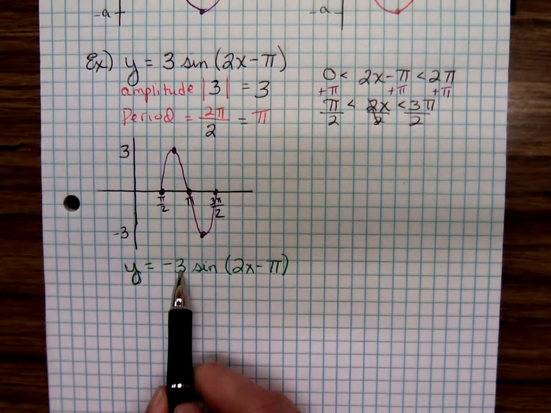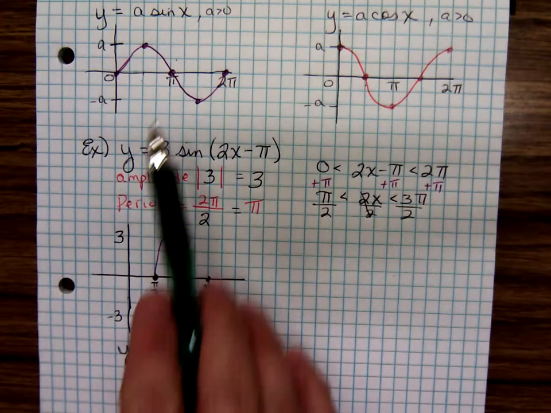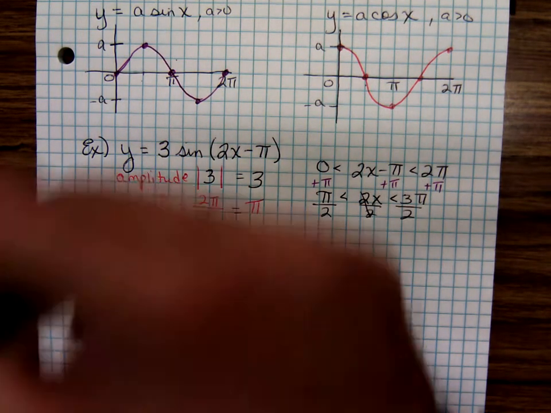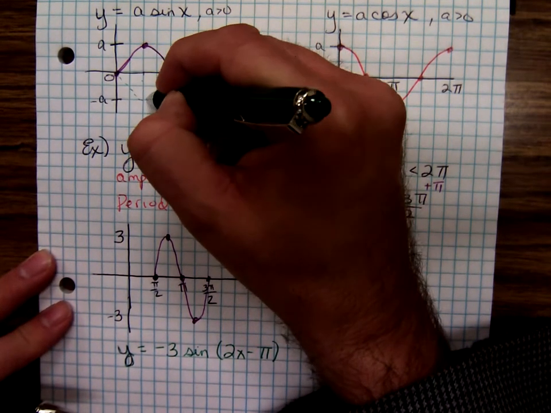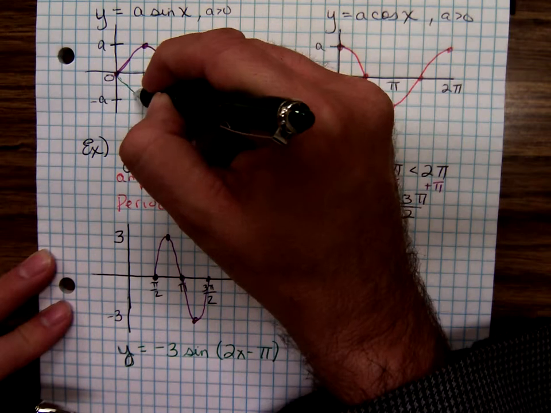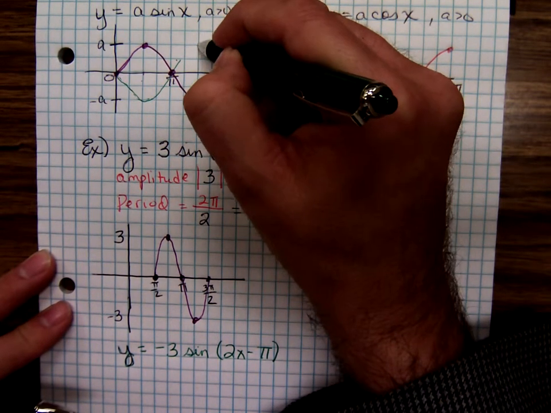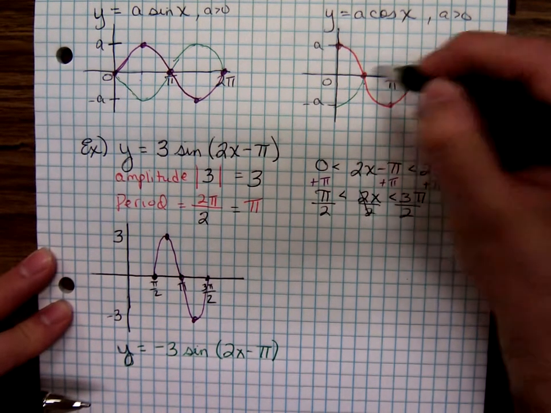Well, if you have this, notice up here, I said A was a positive number. If A weren't a positive number, if it were negative, then the graph is reflected across the x-axis. So can y'all imagine sort of flipping it across the x-axis?